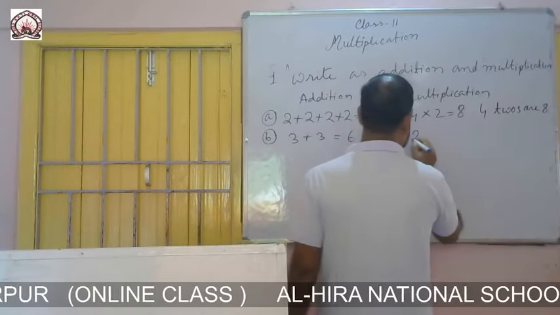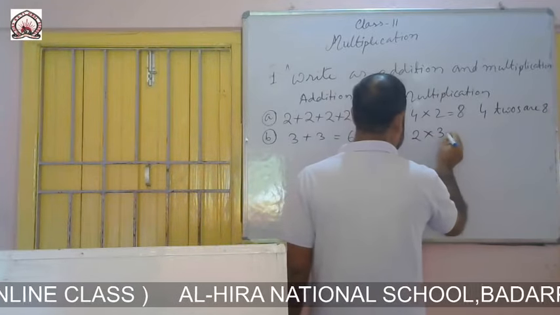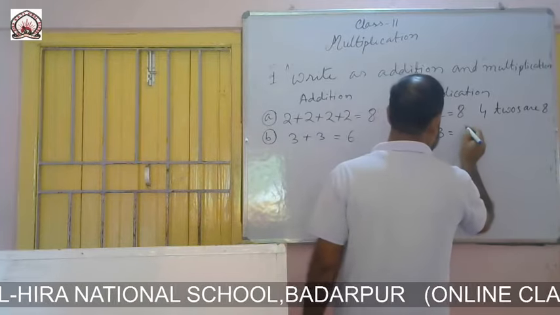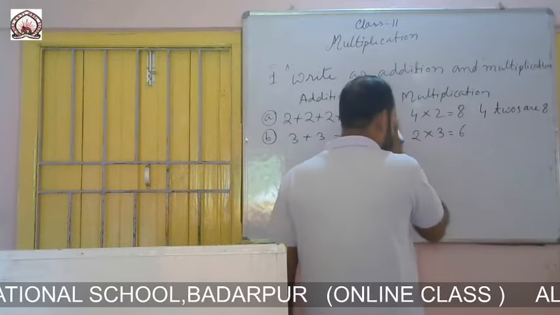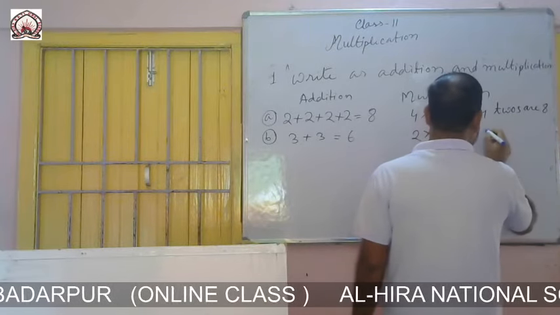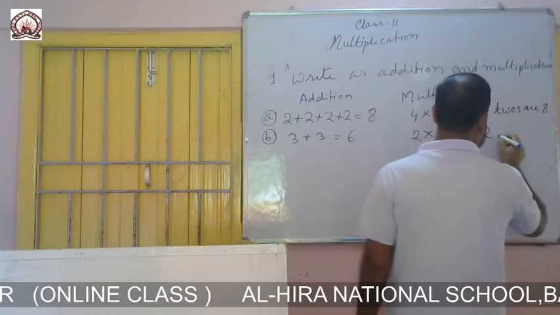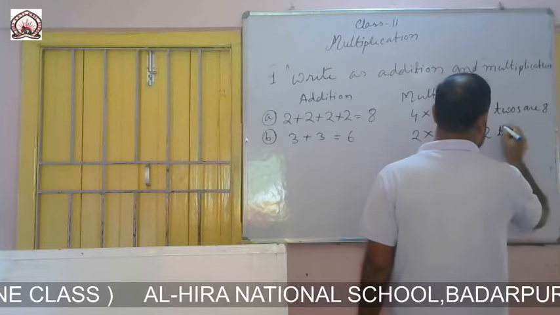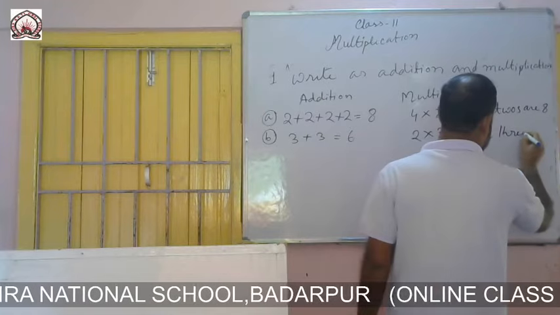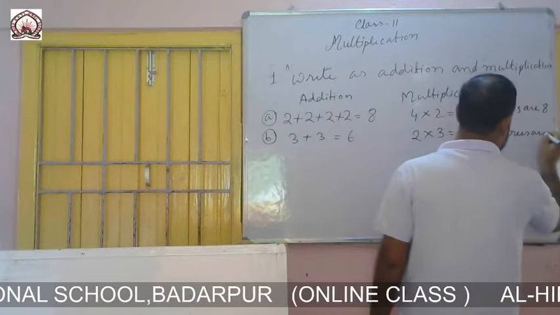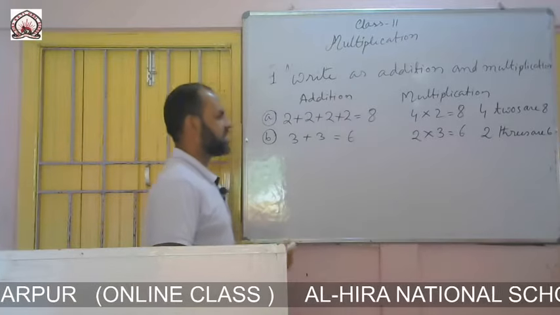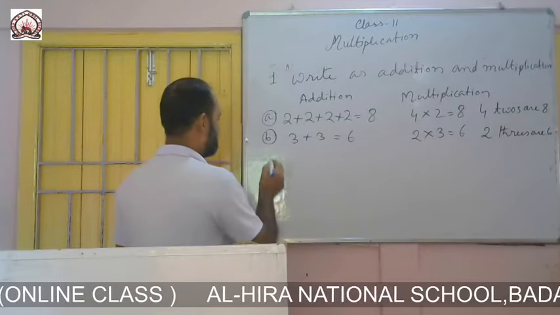So 2 into 3. 2 3s are 6. In words we write 2 3s are 6.